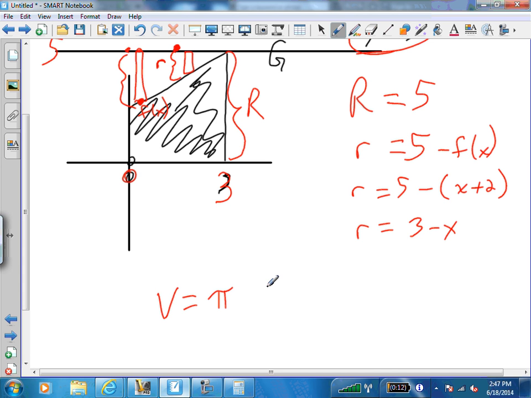But that is going to be our hole, because we're not including that area in our rotation. So basically we're calculating the volume, which is pi, the integral from 0 to 3 of this outer distance, which is 5 squared, and then we're subtracting the hole out of it, which is that inner distance, 3 minus x squared.